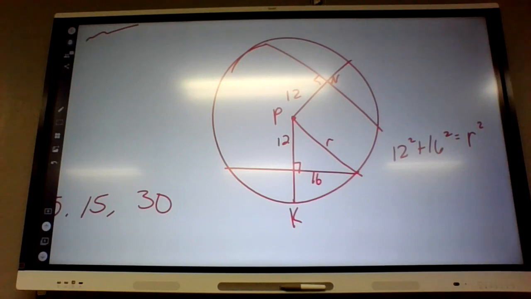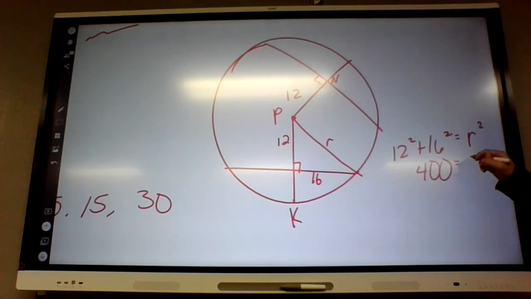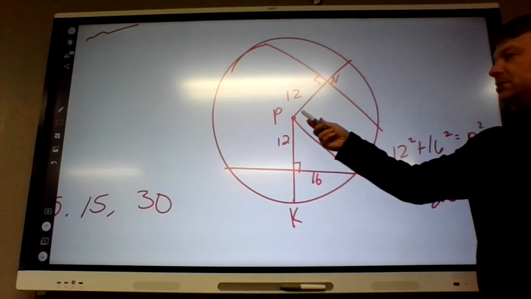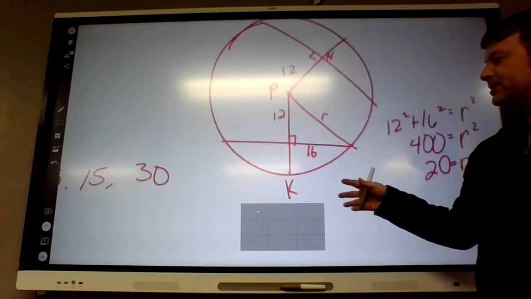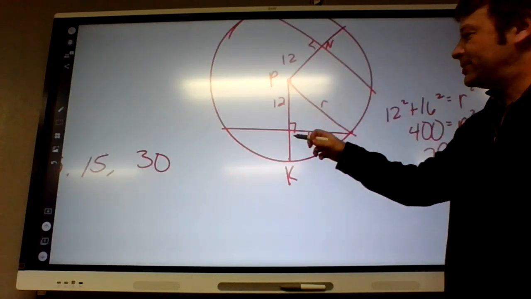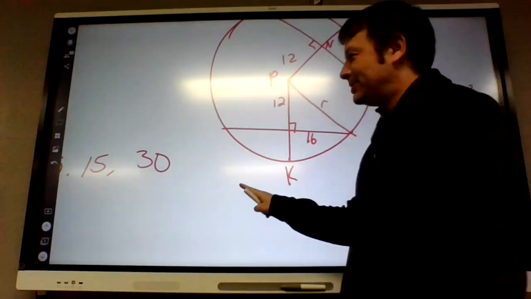Those add up to 400. What times what equals 400? 20. So PK, even though it's in a different spot, is a radius also, so it has to be 20 as well.